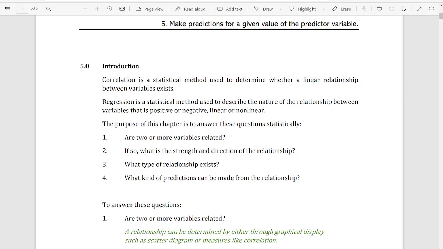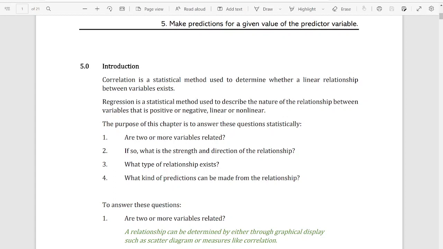Let's say, katakan kita ada dua pemboleh ubah. Suppose we have student's gender and test score. Tapi student gender tak boleh lah, sebab student gender adalah male and female. Okay, so in this situation, correlation is always referring to the parametric test. So kita nak tengok yang parametric saja.